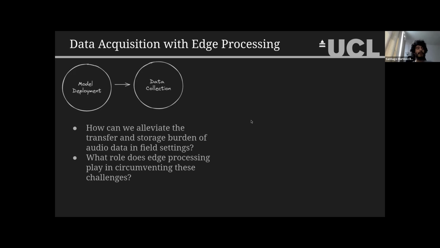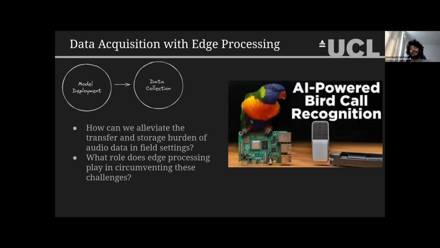So one of the things we were wondering in this case is how can we alleviate these transfer and storage burdens? And in particular, is there a way that we can exploit this idea of edge processing to circumvent these challenges? This is definitely not a new idea.